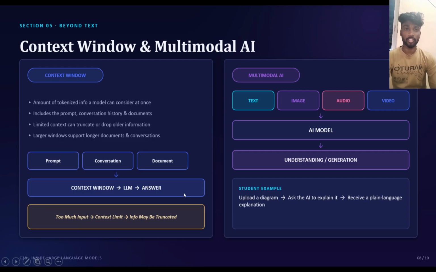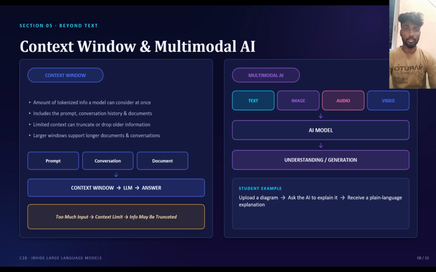Context window and multimodal AI. Now let's move beyond text. First, the context window. A context window is the amount of tokenized information that a model can consider at one time. This can include the current prompt, previous conversations and documents.